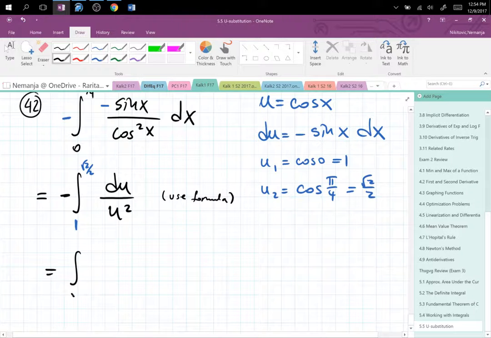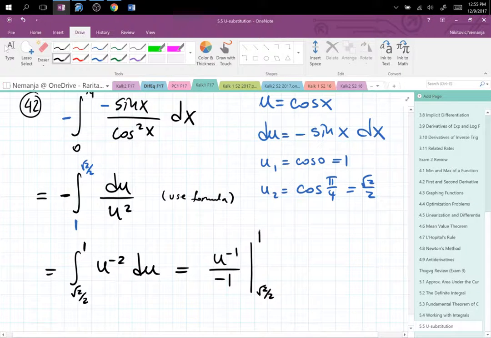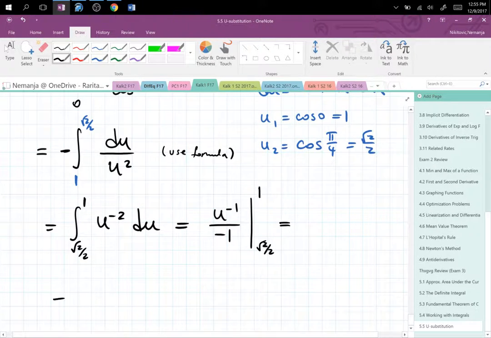So I'll just use the formula, and we change this from being equal to negative to equal to positive, root 2 over 2 on the bottom and 1 on the top, of u to the minus 2 du. Observe that I eliminated all of the trig and all of the pi, whatever limits and everything else. We are now back into the pre-trig calculation era. So we have the integral to be u to the negative 1 over negative 1 computed from root 2 over 2 to 1. This is negative 1 over u.